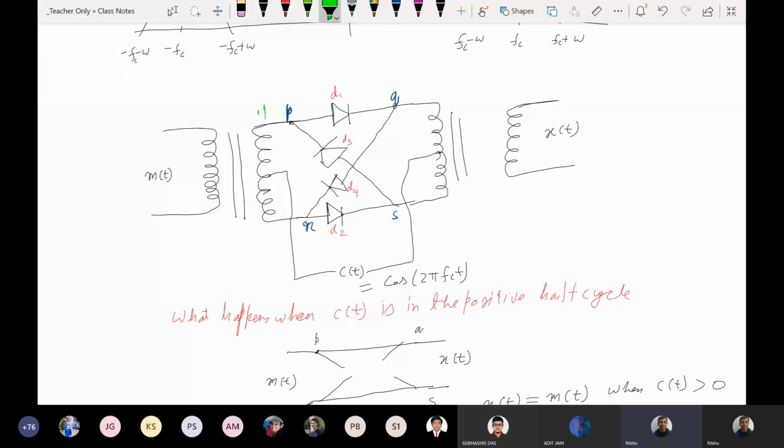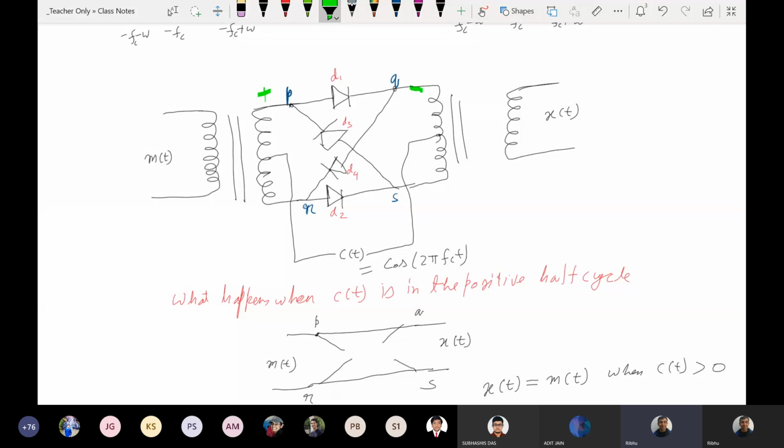In the positive half cycle, this is positive, this is negative. Similarly, this is positive and this is negative. So in the positive half cycle, D3 and D4 are reverse biased. That's why.